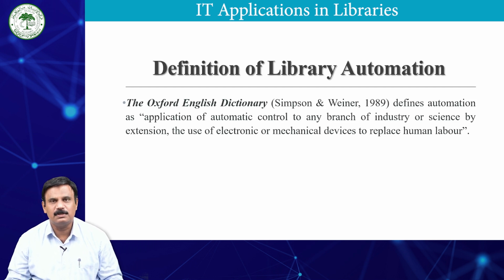So this is a general definition of automation, where Simpson and Werner define it as the application of automatic control, that means the application of computers to any branch of industry or science by using electronic or mechanical devices, especially to replace the human labor.